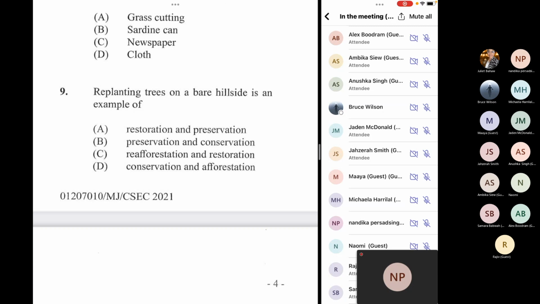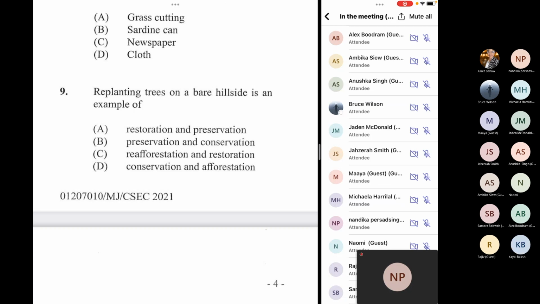So you're planting over trees. When they say a bare hillside, that means when they replant the trees, they're restoring that environment. They're restoring that biodiversity back into the hillside. Because it was bare before and they replanted the trees, they restore that area.